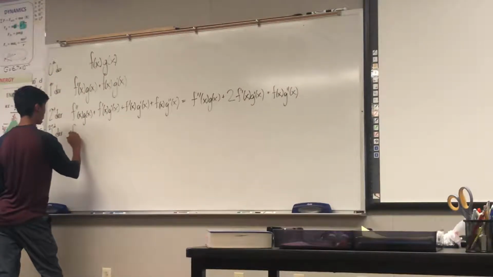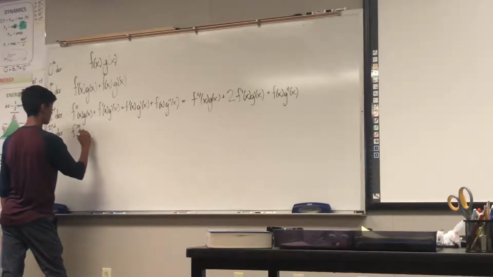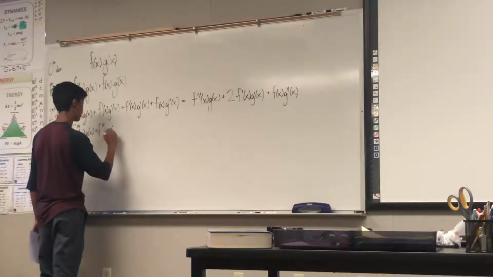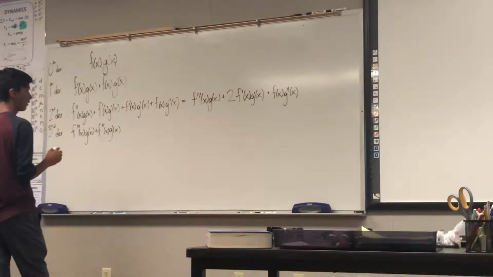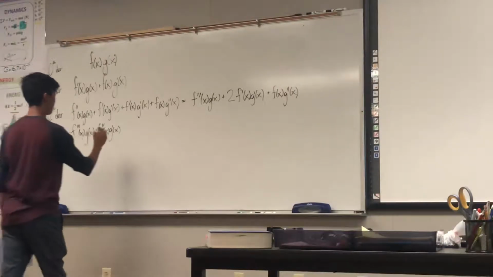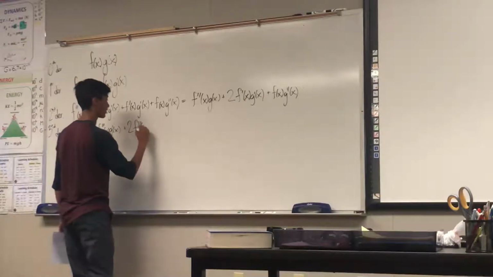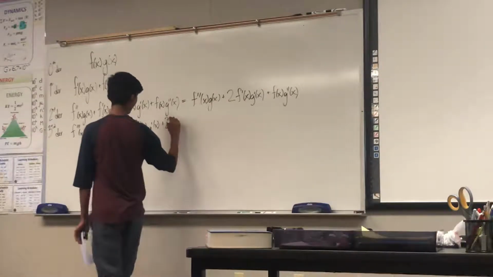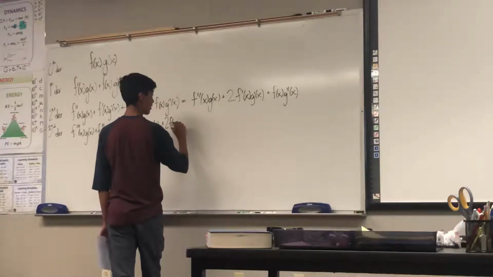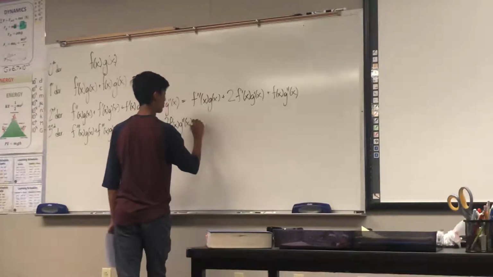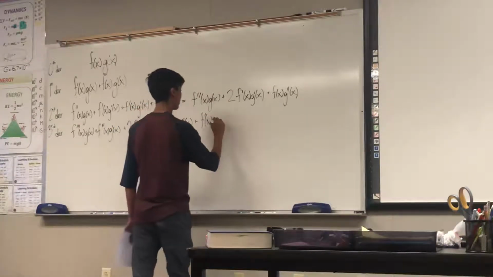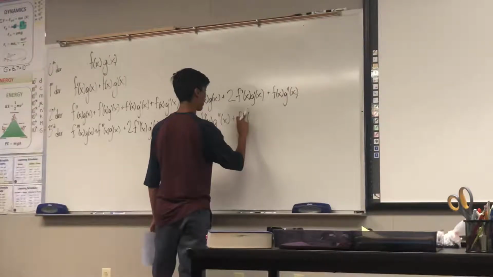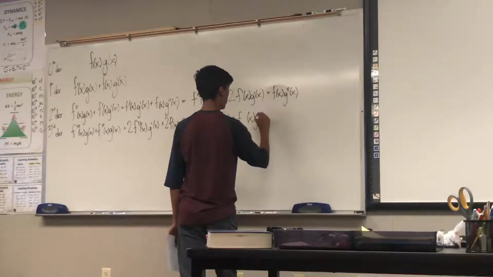And then you end up with f triple prime of x, g of x, plus f double prime of x, g prime of x, plus 2 f double prime of x, g prime of x, plus 2 f prime of x times g double prime of x, plus f prime of x g double prime of x, plus f of x times g triple prime of x.